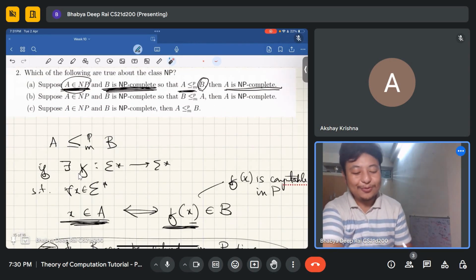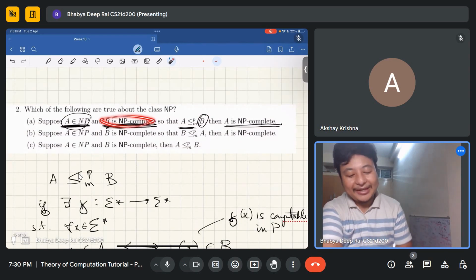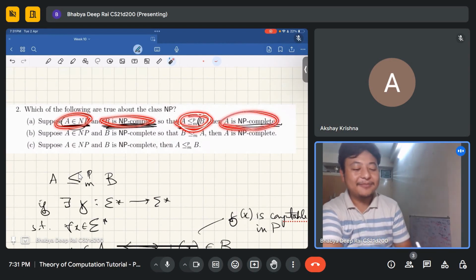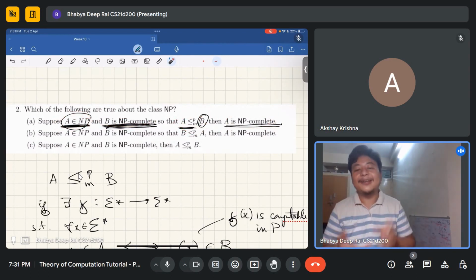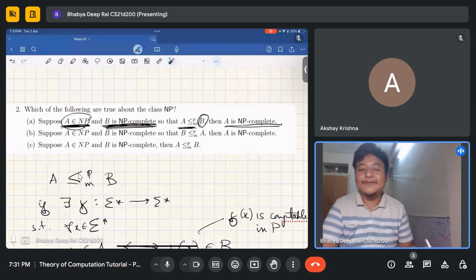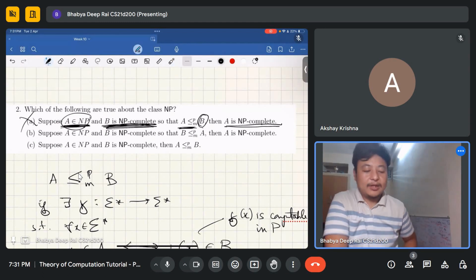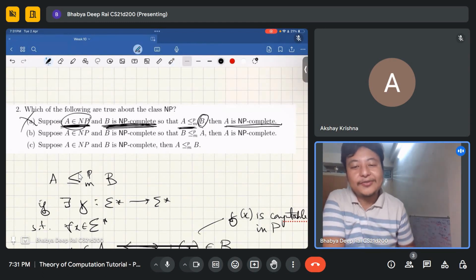Because if this were true, it would mean that all the languages in NP are NP complete, which is not known as of now. So this is not true. At least it is not known that it is true.